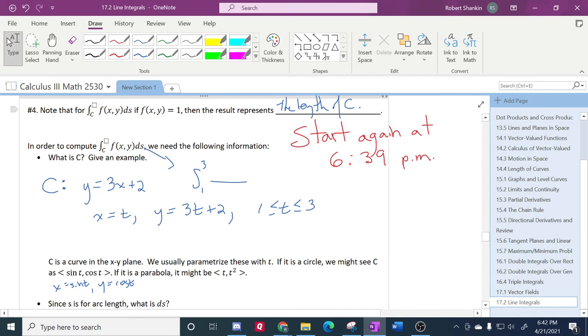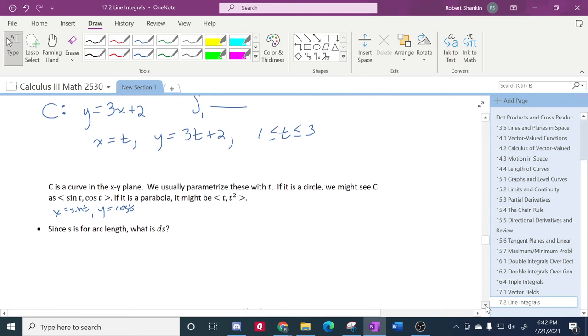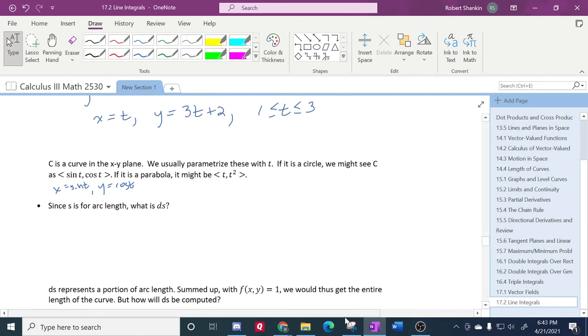Okay. So, we are starting to clarify how we do a line integral. How do we handle C? Generally, we parameterize it. There can be exceptions, but in general, we parameterize it. And then, we have to handle this ds. Since s is for arc length, what is ds? Well, it's a piece of arc length. ds represents a portion of the arc length.